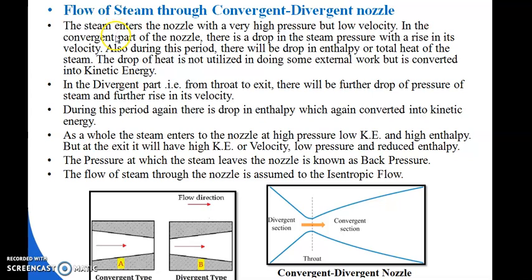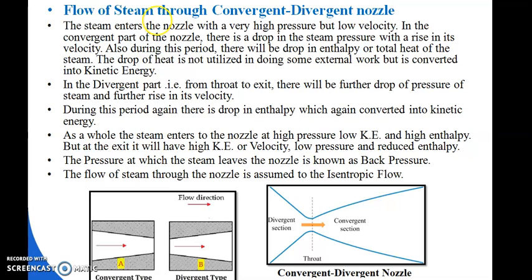Now let us discuss the flow of steam when it is passing through the convergent divergent nozzle. The steam enters the nozzle with very high pressure but low velocity. In the convergent part of the nozzle, there is a drop in pressure with a rise in velocity. Also, during this period, there will be a drop in enthalpy, or the total heat of the steam.